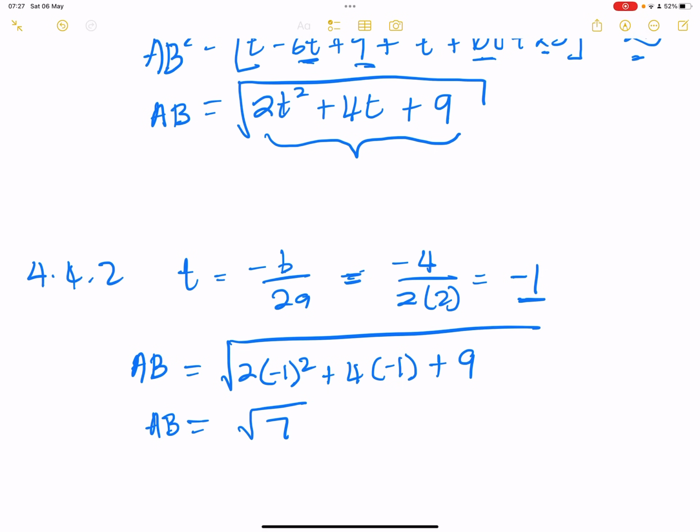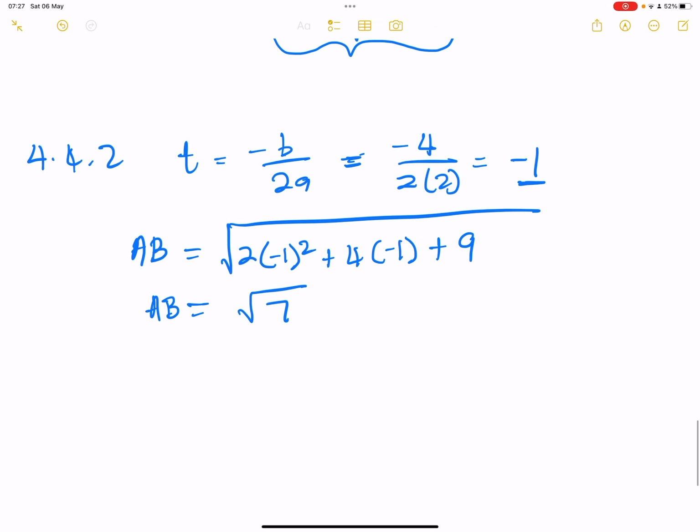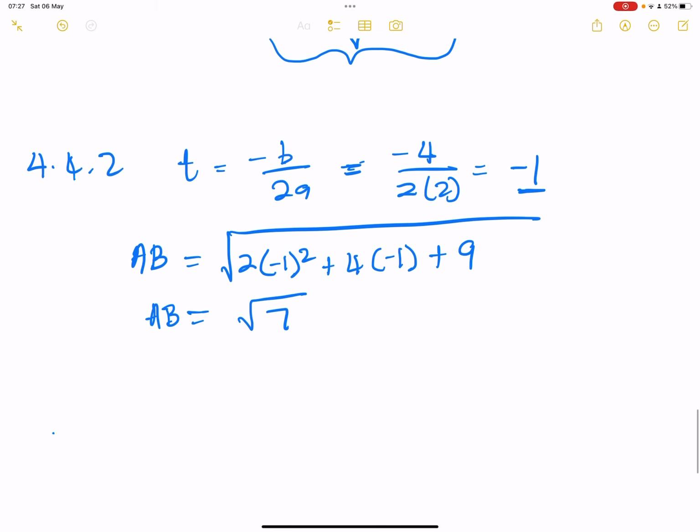Another way you could have done this, ladies and gents, was to take the derivative of this function and make it equal to 0 to find that t value. Let's call it g of t, which is 2t squared plus 4t plus 9.